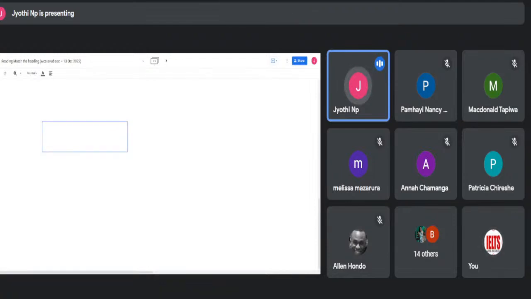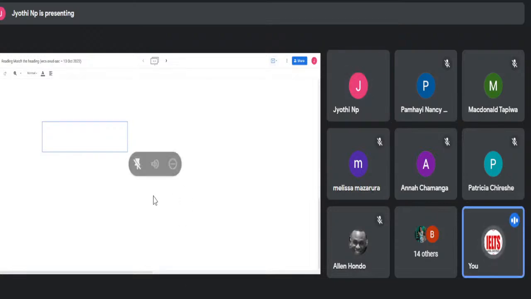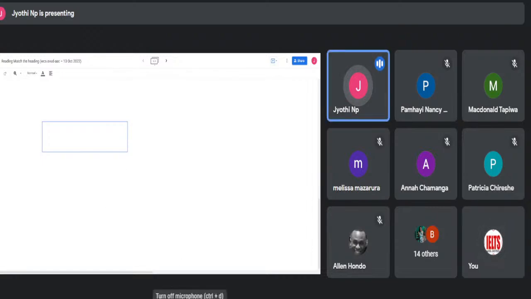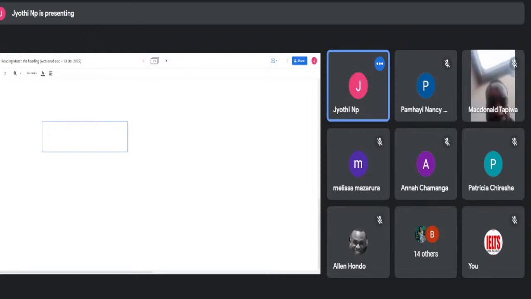Ma'am, are you writing on the whiteboard or not? We are not able to see anything written on the board. I haven't written anything yet. Please be patient, guys. I am doing it. I'm just getting distracted by everyone, like every 2 minutes people are trying to join.